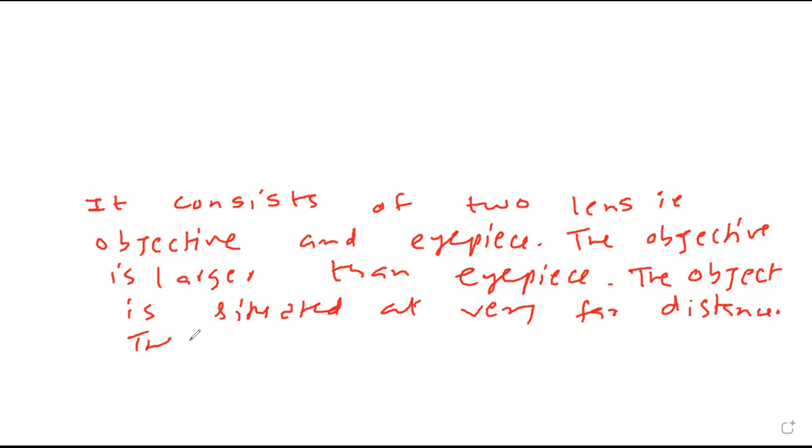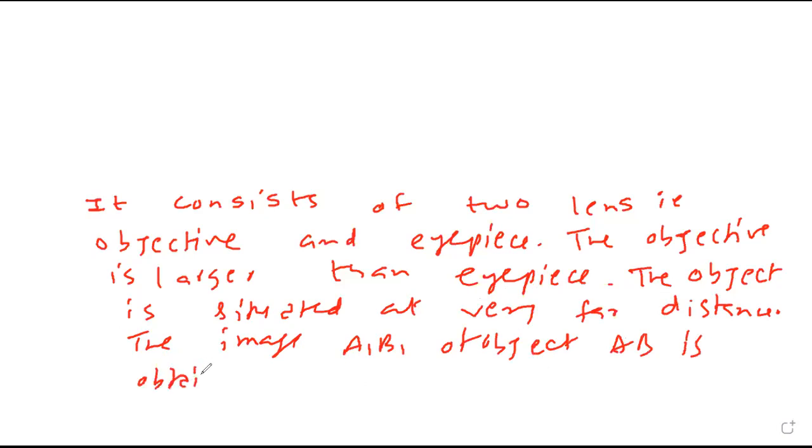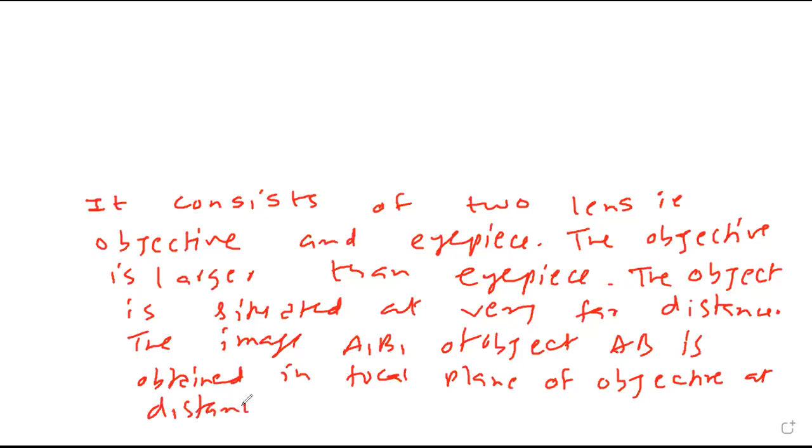The image A1 B1 of object AB is obtained in the focal plane of the objective at distance FO.